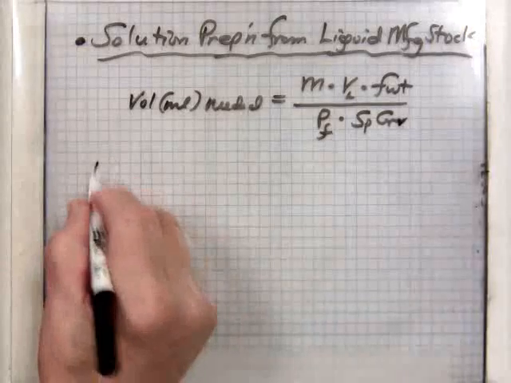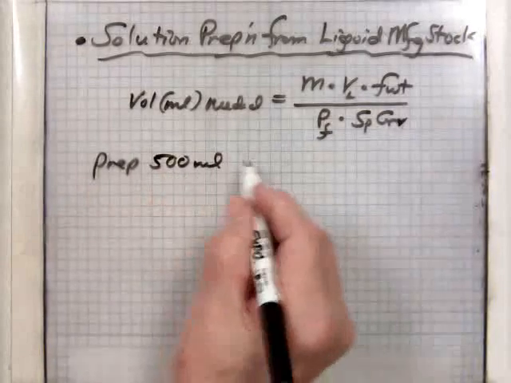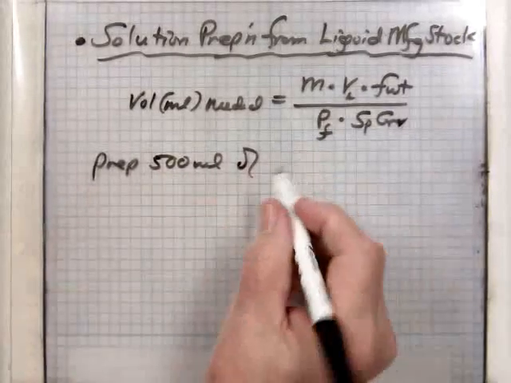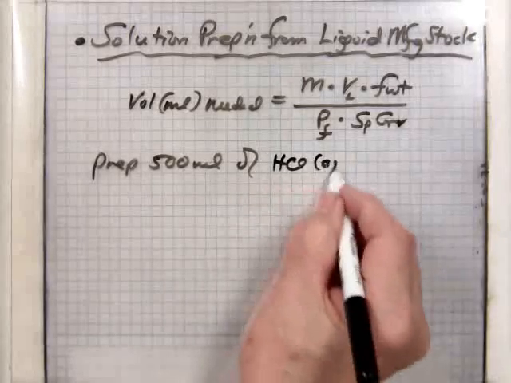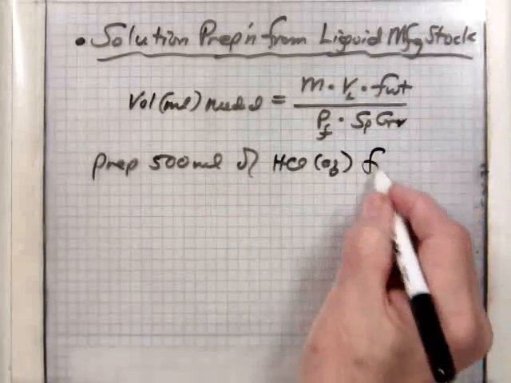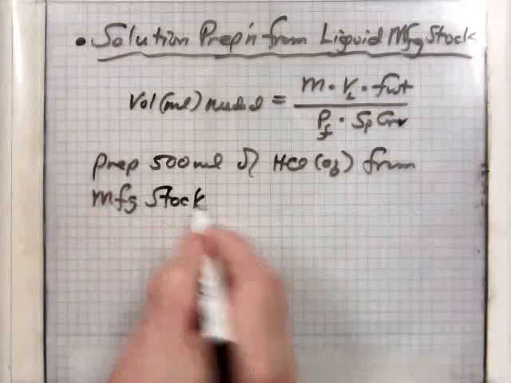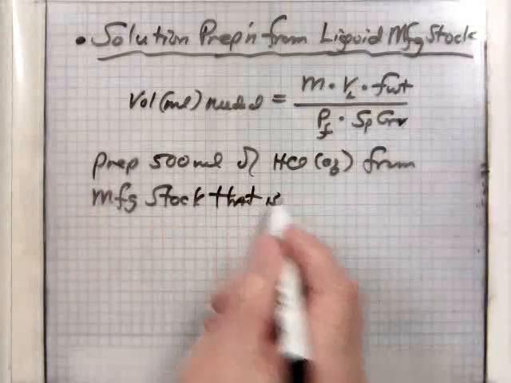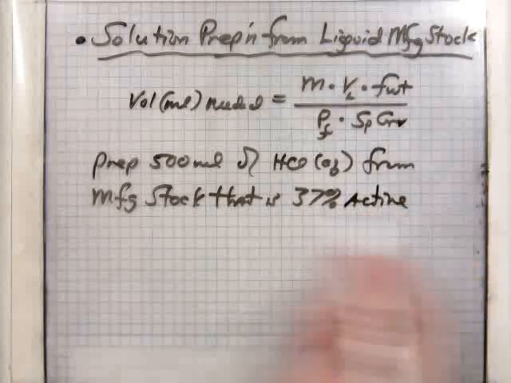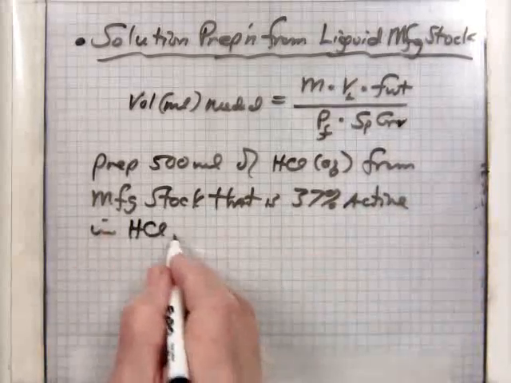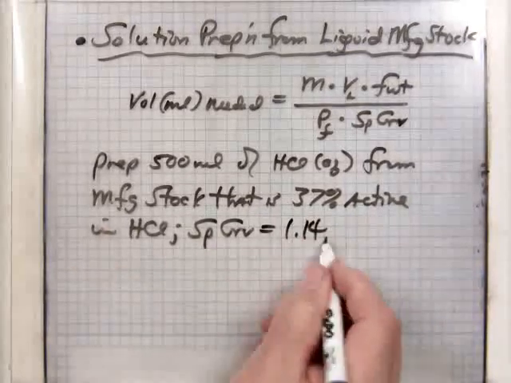Okay, so we're going to prep 500 milliliters of HCl aqueous solution from manufactured stock that is 37% active in HCl, and specific gravity is 1.14.